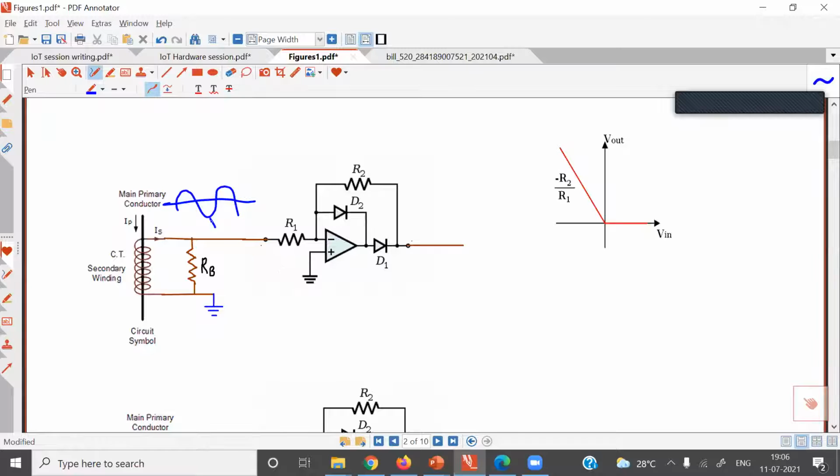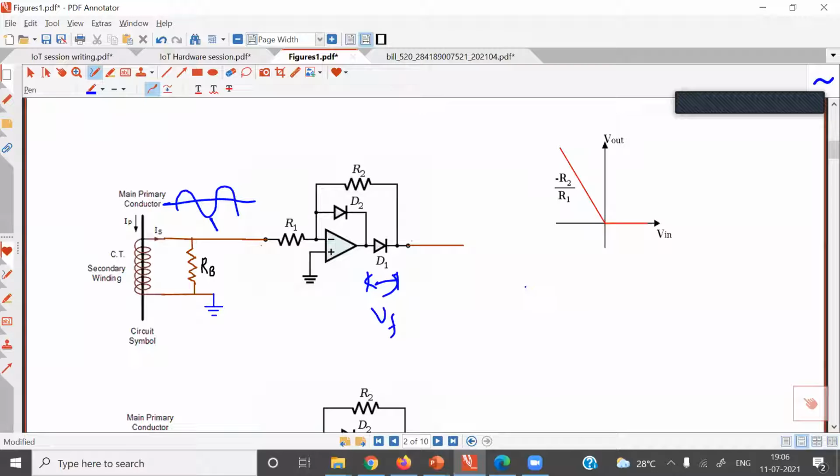So when the input voltage is negative, less than 0, the output voltage will become positive. So this diode will conduct. The use of the precision half wave rectifier is that the voltage drop across the diode gets divided by the open loop gain. That is, the voltage drop across this diode is, for example, Vf.